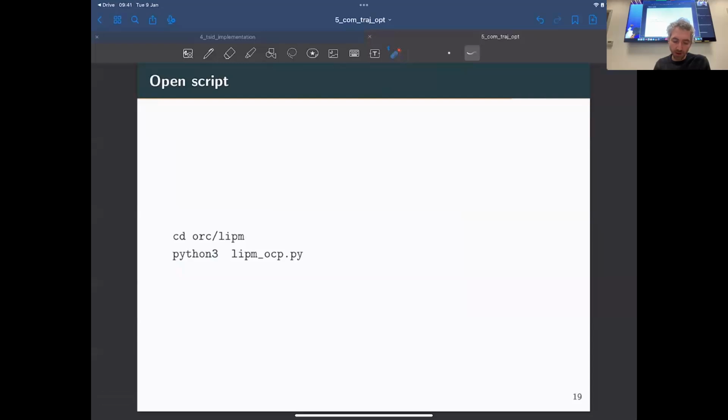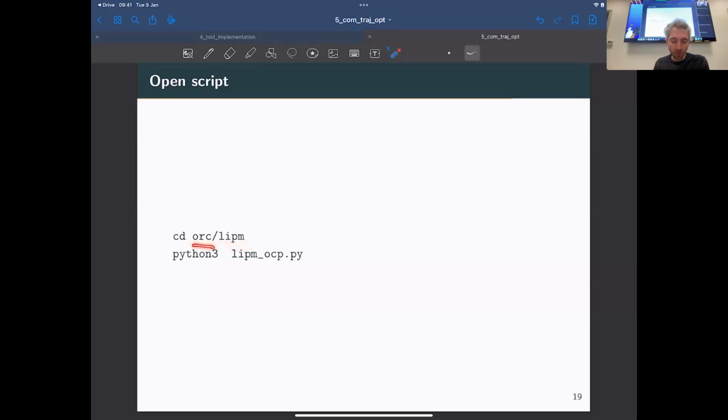Okay, so now we can move to the code. Probably it's a good idea for you to update your ARC repository, because I'm constantly working on this and pushing small changes.